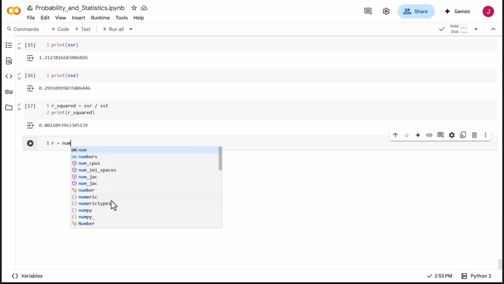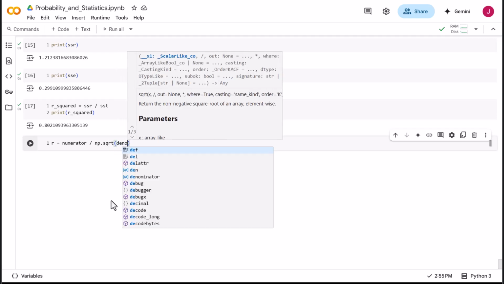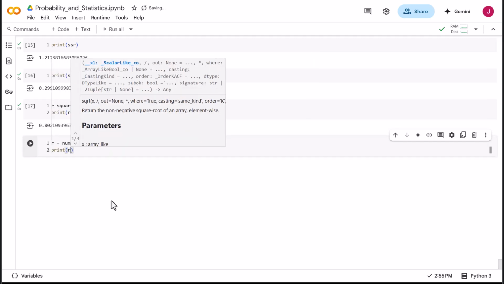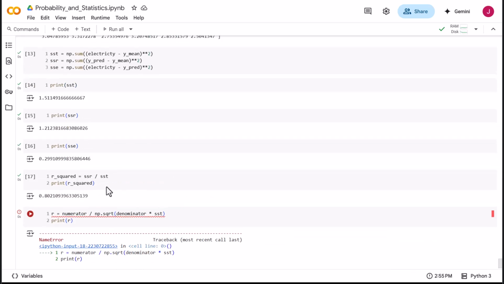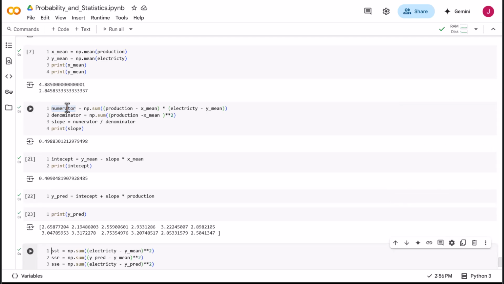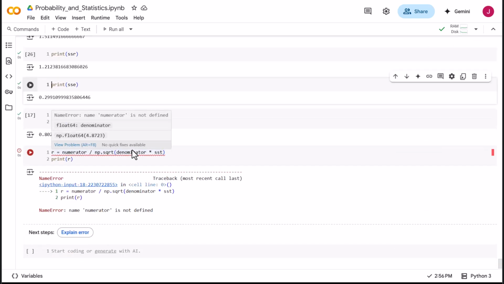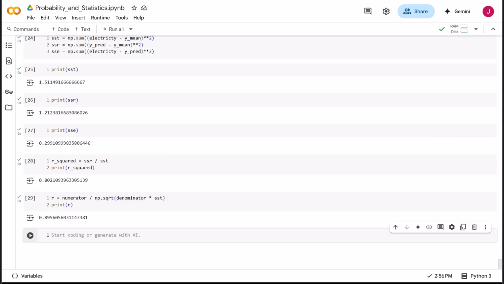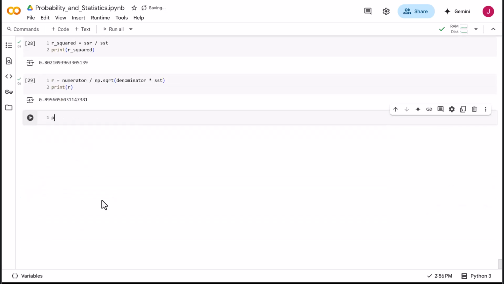This is the numerator divided by np.sqrt of the denominator multiplied by SST, and print R, which gives us 0.89.